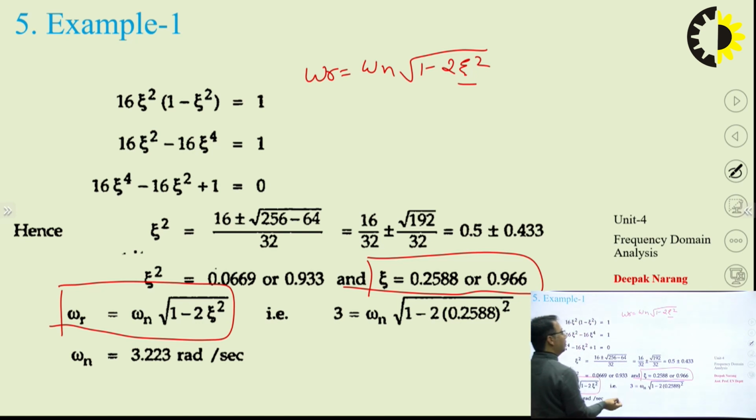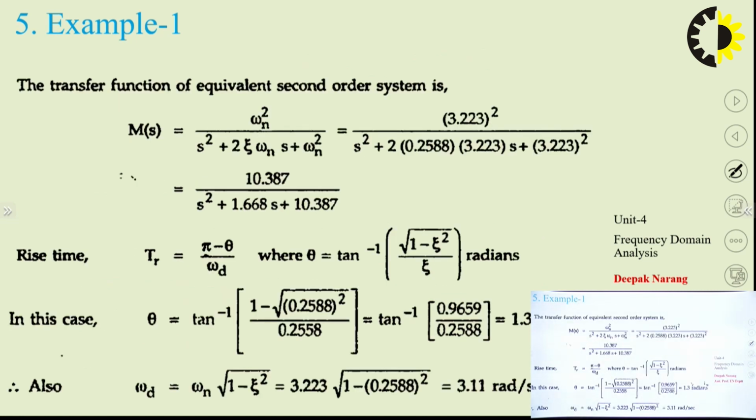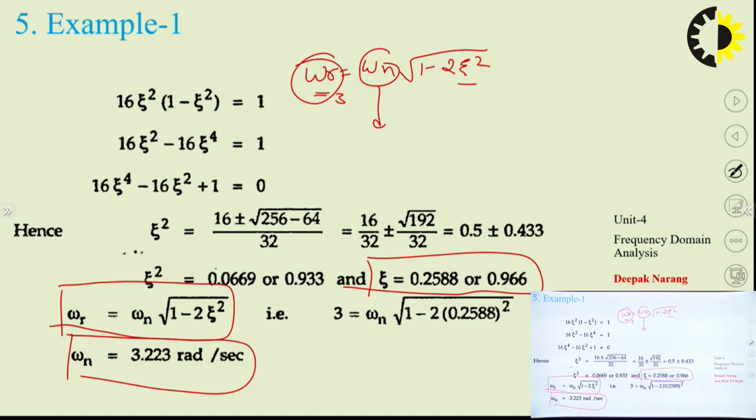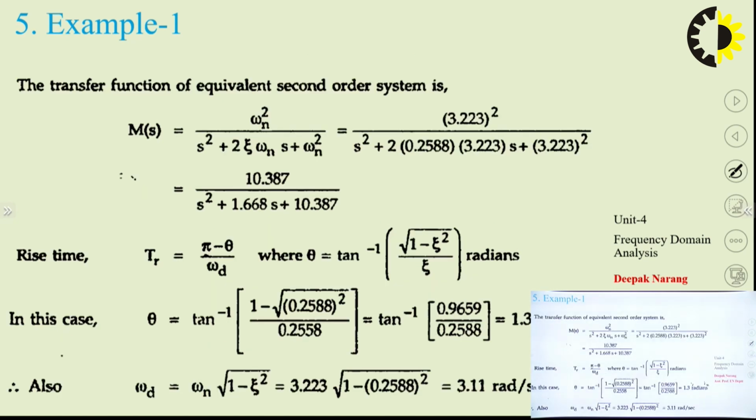Zeta we have already obtained in the previous step, and through this we can get omega r, and omega r is given, which is equal to 3. We can basically obtain our omega n from this equation, which comes out 3.223 radian per second.